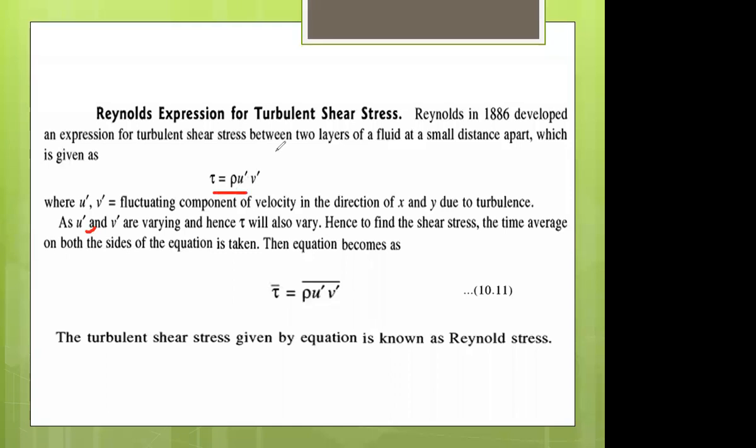Tau is equal to rho into u dash v dash, where u dash, v dash is equal to fluctuating component of velocity in the direction of x and y due to turbulence.